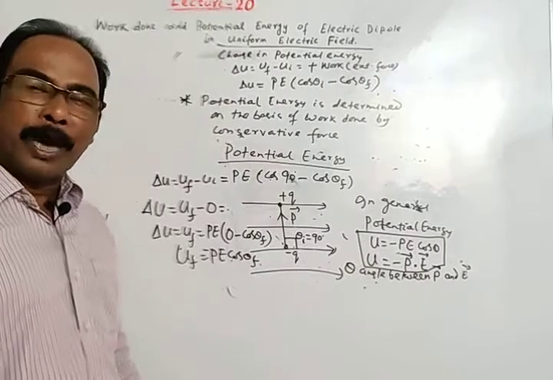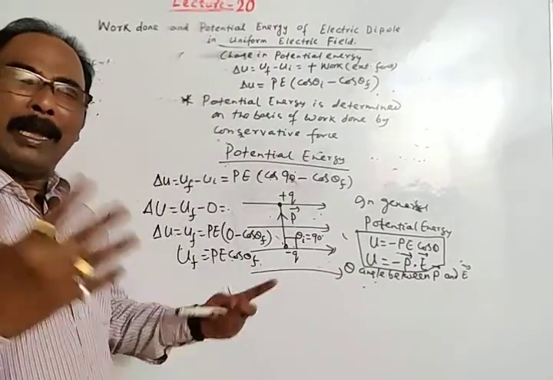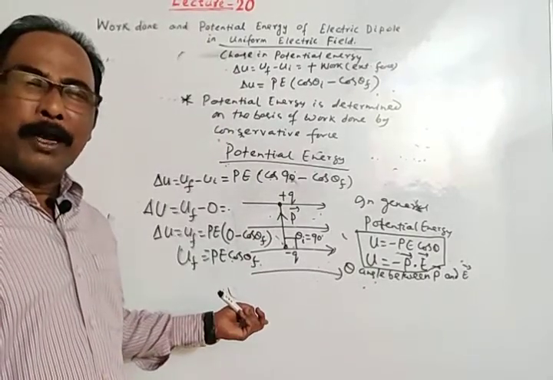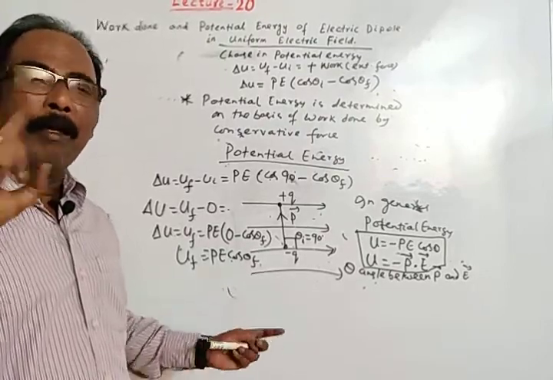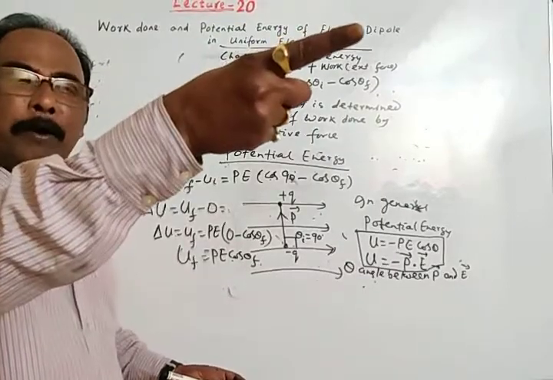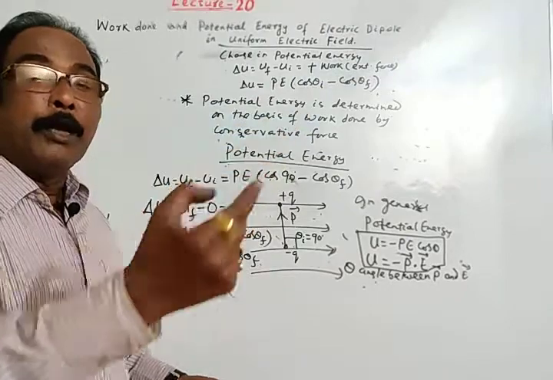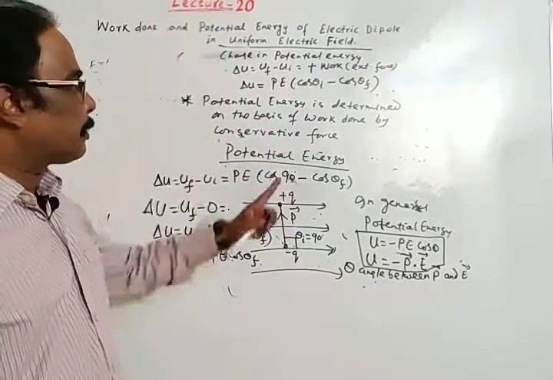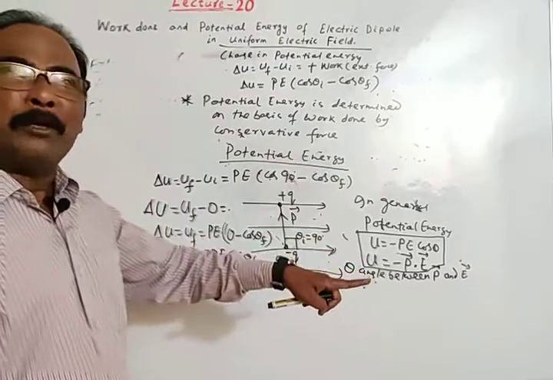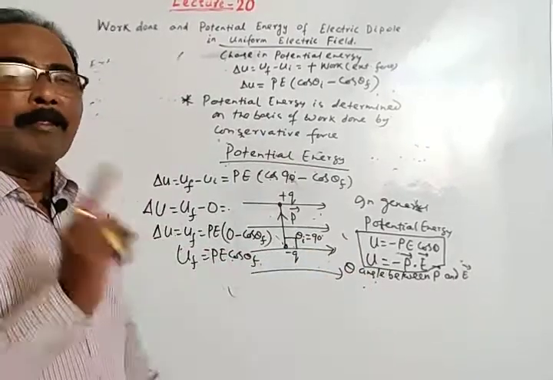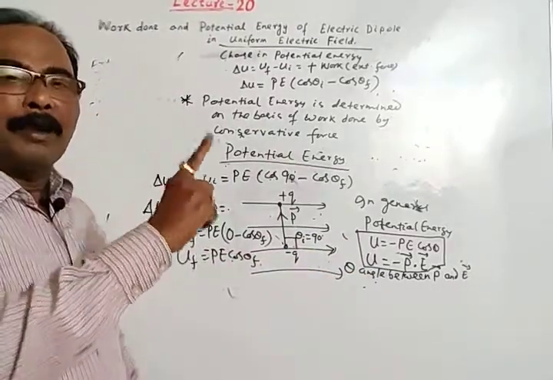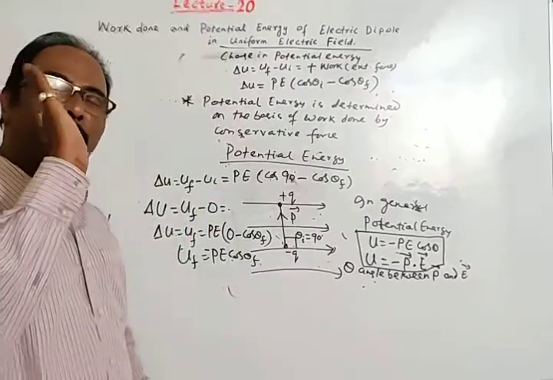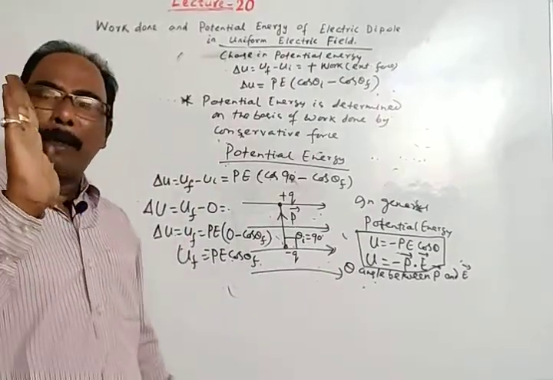But if a dipole is placed in a uniform electric field, then to get 0 potential energy, the dipole must be perpendicular to the electric field.